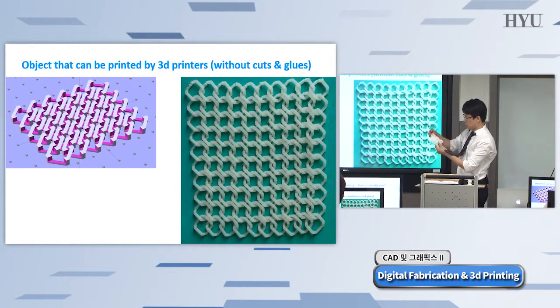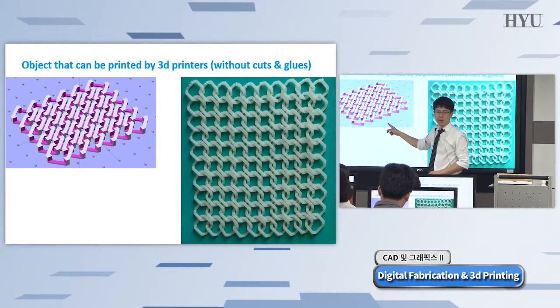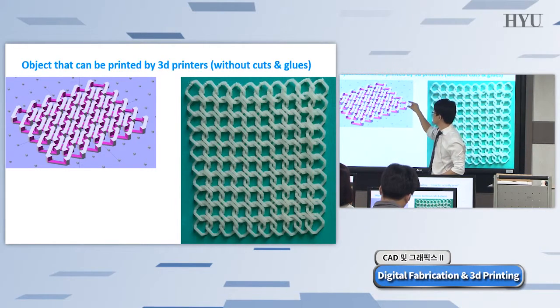Take a look at this structure, okay? So-called 3D chain, you can print this kind of object. This one is freely moving, but it is never going to be separated. But take a look at the upper side part. Actually, there are several additional pieces. Those are so-called bridges or stands, okay, in order to print this structure. The bottom structure is no problem in 3D printers. But take a look at this kind of overhang structure.